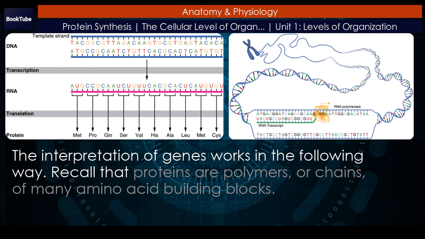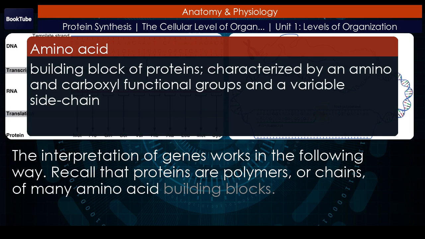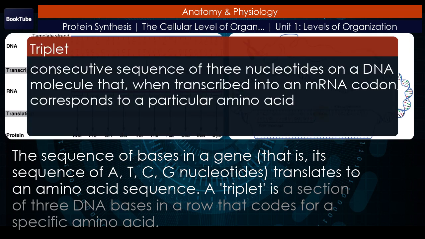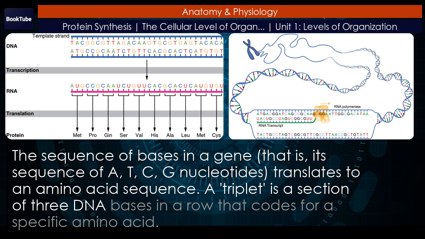Recall that proteins are polymers, or chains, of many amino acid building blocks. The sequence of bases in a gene, that is, its sequence of A, T, C, G nucleotides, translates to an amino acid sequence. A triplet is a section of 3 DNA bases in a row that codes for a specific amino acid.